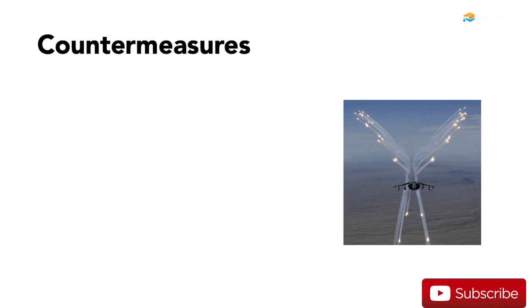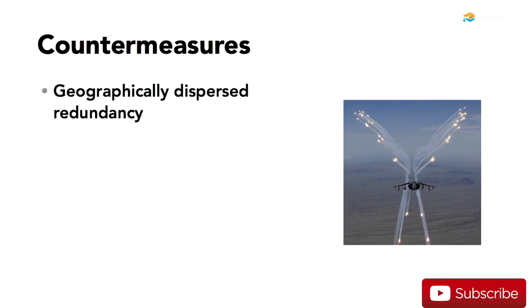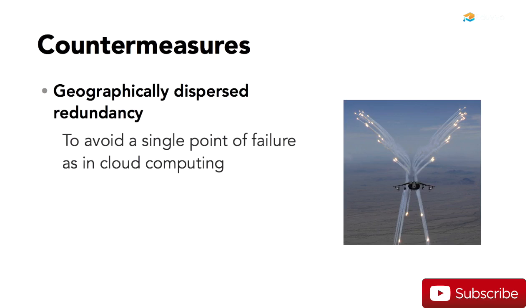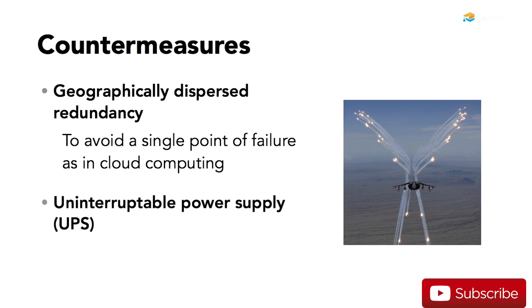Some of these countermeasures include considerations for geographically dispersed redundancy to avoid a single point of failure, as in cloud computing, uninterruptible power supply, or UPS. Finally, physical security to prevent the theft of or damage to computer hardware. Software relies on hardware, so don't forget about computer hardware when considering software security.